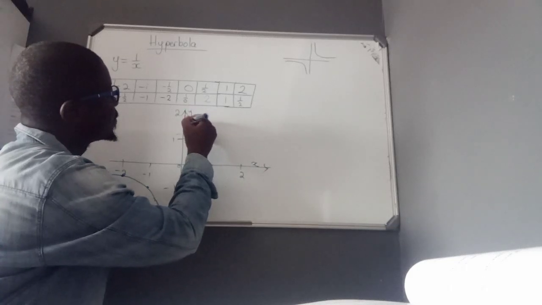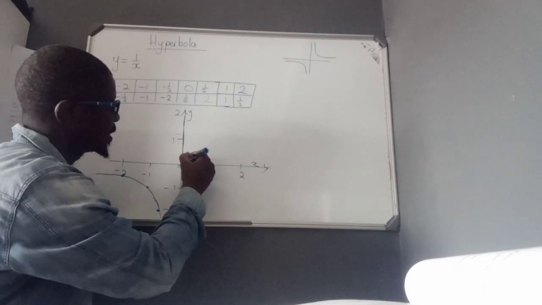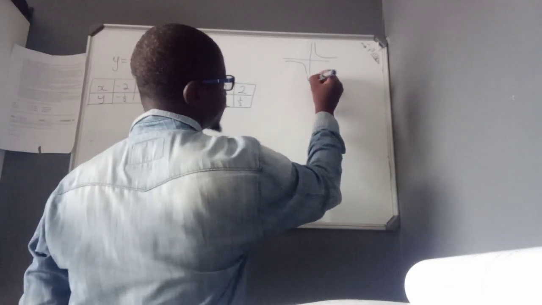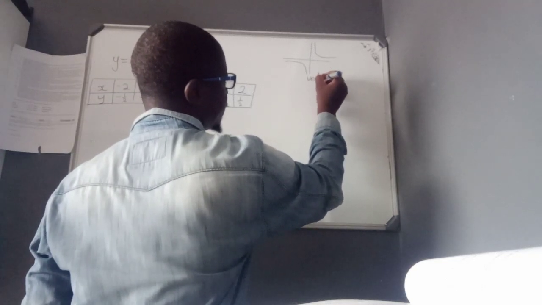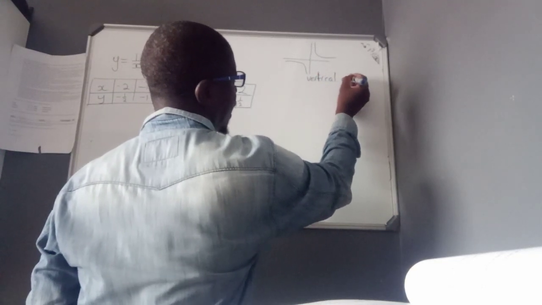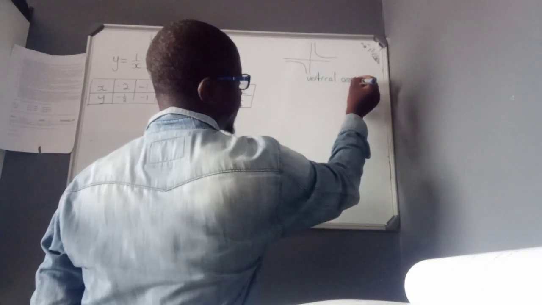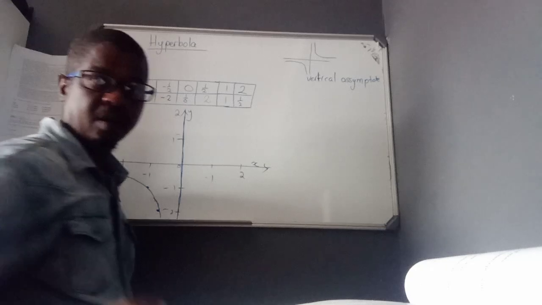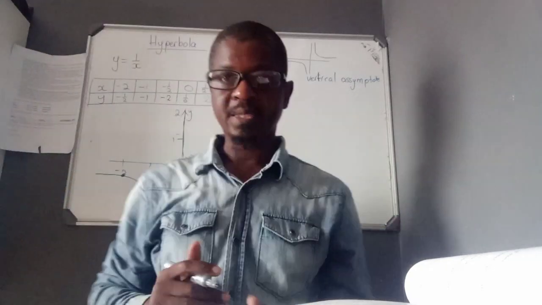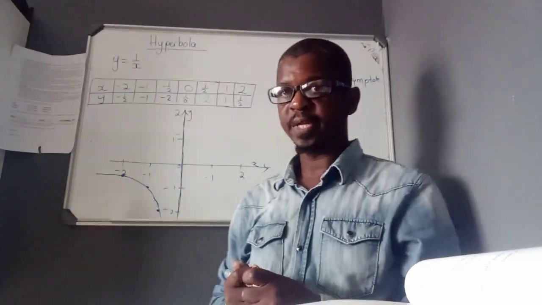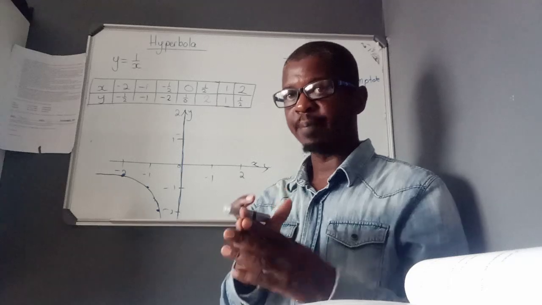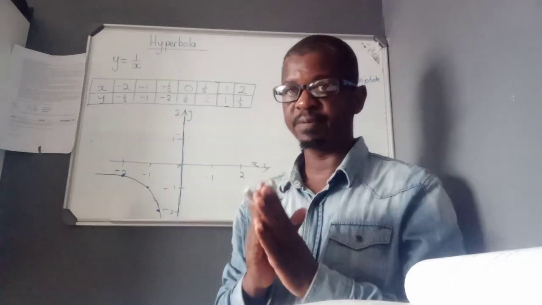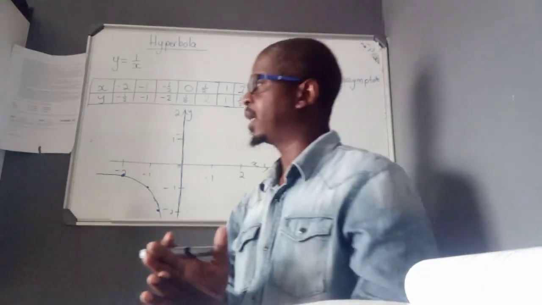We call this vertical line the vertical asymptote. An asymptote is a line that the graph approaches but never touches, even as it goes to infinity.